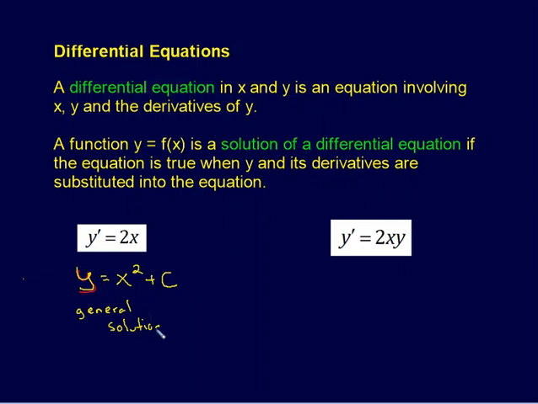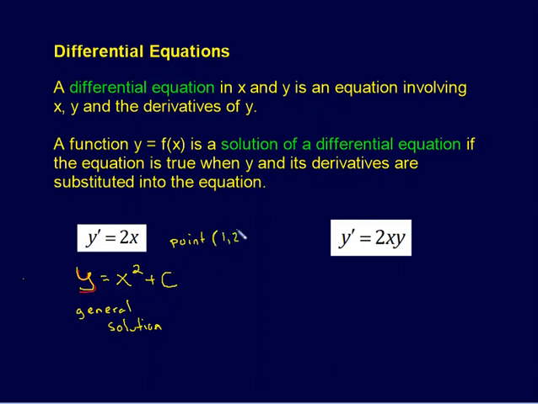Now, we also know how to find what's called a particular solution. If I had told you, in addition to the derivative being 2x, that the function we're looking for has to pass through a particular point, like let's say the point (1, 2), then we know how to find the particular solution by figuring out what the integration constant is.